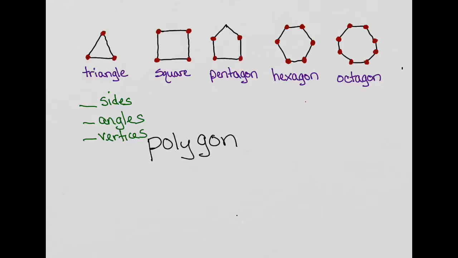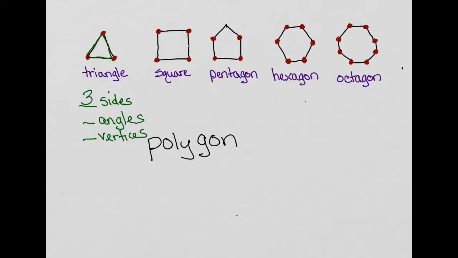Let's take a look at the triangle. How many sides do you see? There's this one right here, 2 and 3. So there are 3 sides.